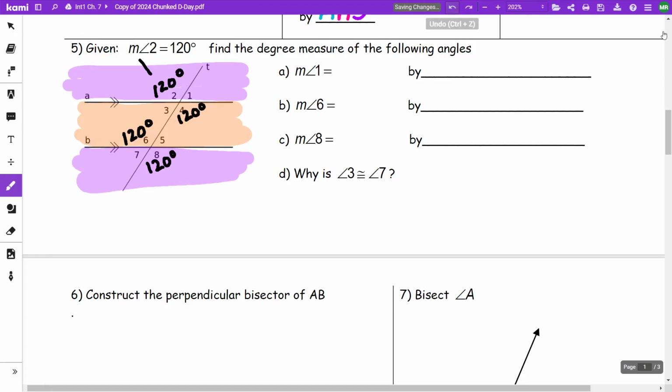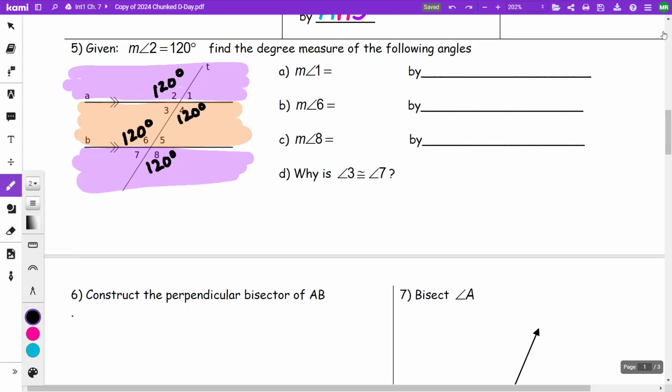We also know that this angle and this angle are alternate interior angles, not exterior, interior. All of those are going to be 120 degrees. And also these two here are called corresponding. So there are a lot of different relationships going on here.